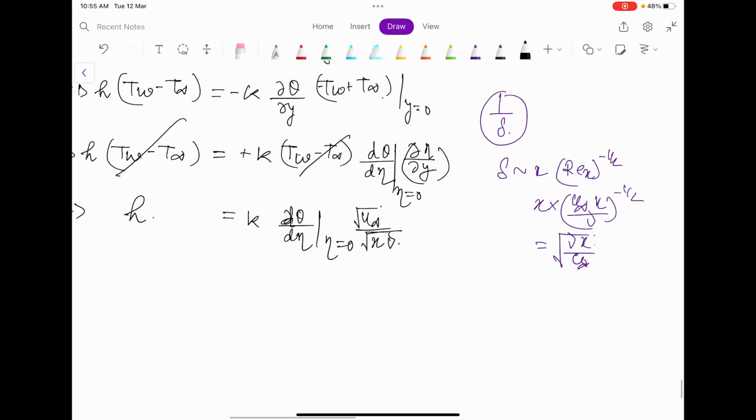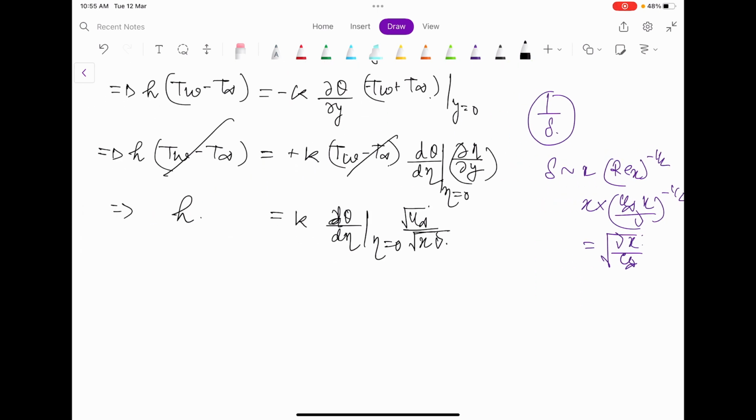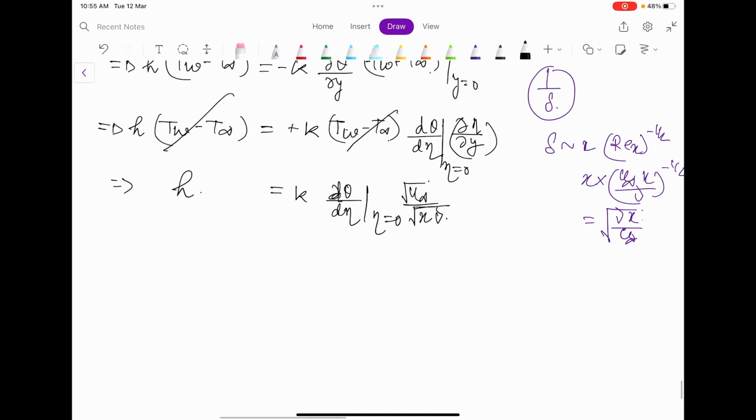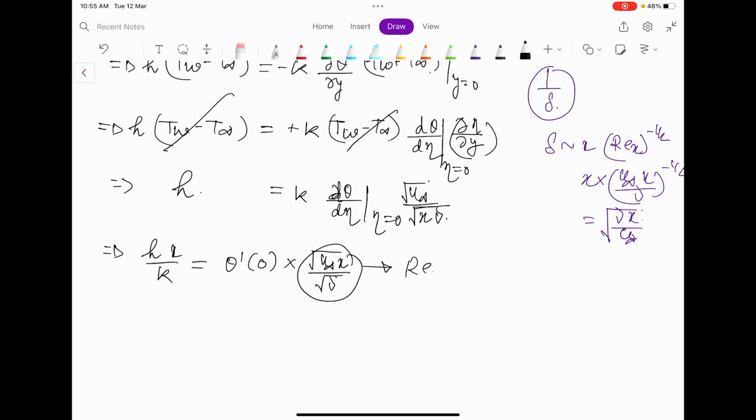So I got this. Now what I have to do is this, hx by k, so multiply by x on both sides. So d theta d eta at eta equal to 0 is theta dash of 0. I have multiplied an x here, so it becomes u infinity x by nu, so this becomes Rex whole to the power half.